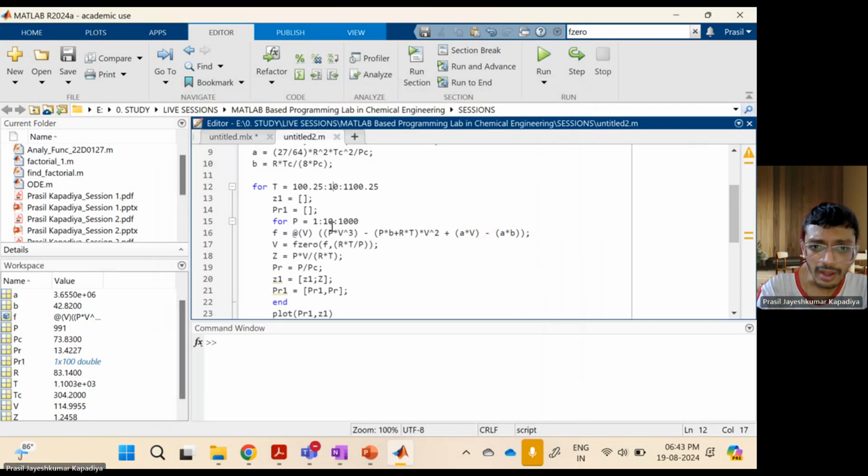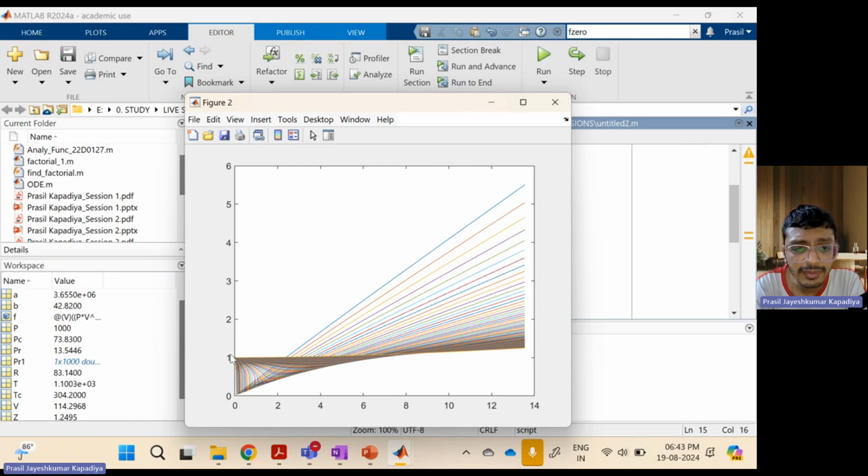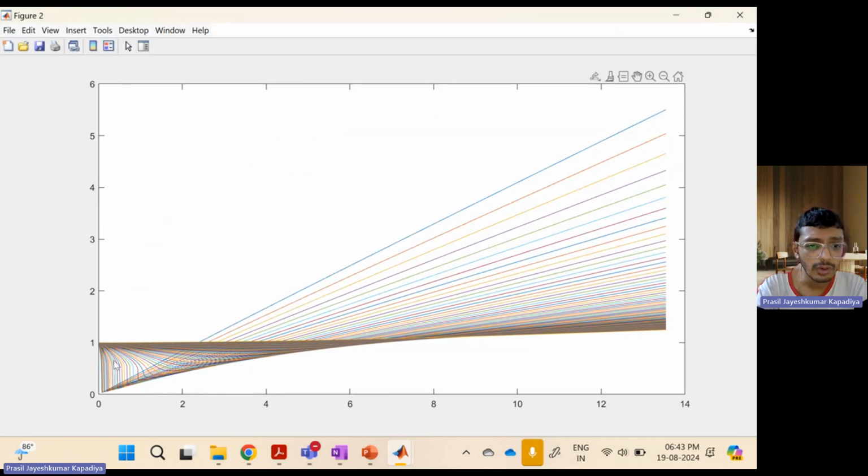So this is how we can plot our compressibility factor, and we can see that for all values, the curve starts at Z equal to 1. At lower pressure, we can see that it behaves ideally.